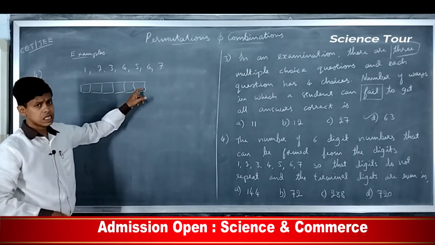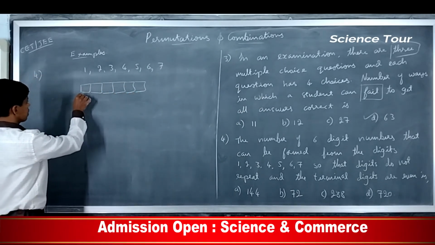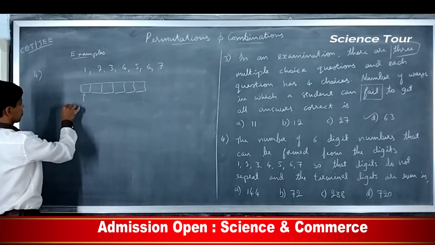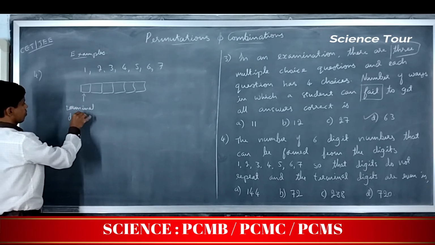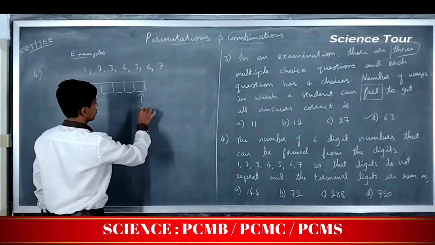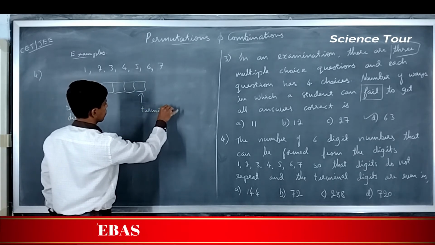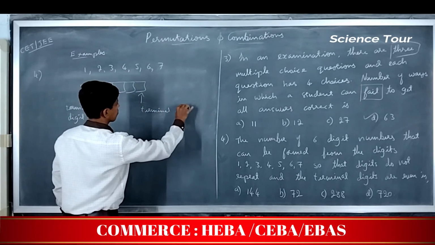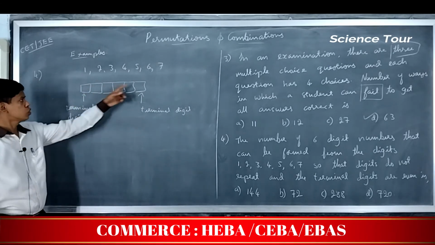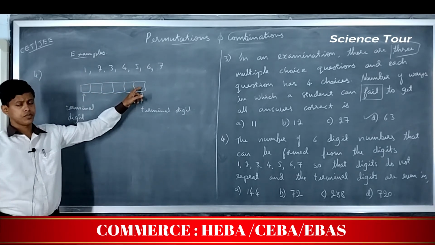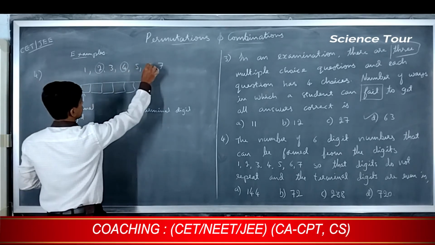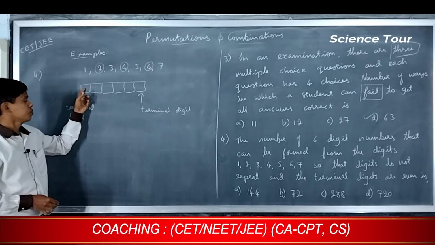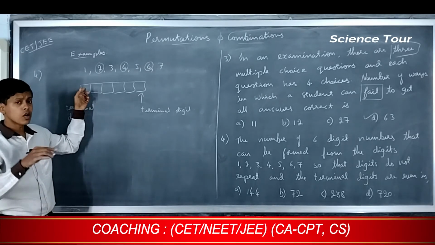End digits. All right, so this is a terminal digit, as well as this is also a terminal digit. Well, so those two terminal digits must be even. Alright, so you can take 2 here, you can take 4 here, you can take 6 here, but you cannot repeat.